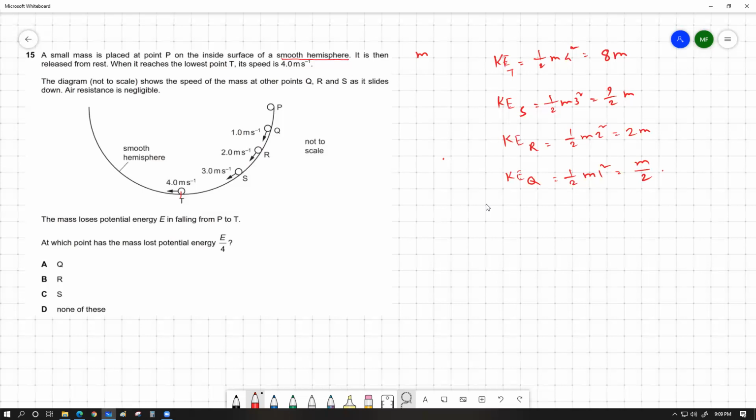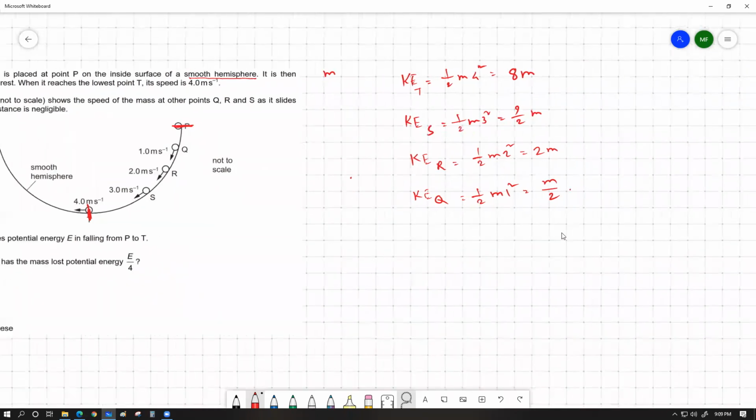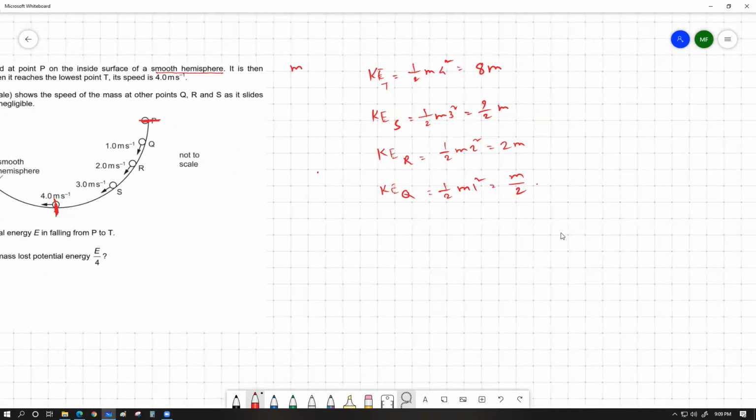Yes. এখন যেহেতু আমাদের স্ফিয়ারটা স্মুথ, does this not essentially mean that kinetic energy at this point must be equal to gp at this point? Yes, sir. তার মানে হচ্ছে kinetic energy at p equals to 0, which means gp at p should be equals to 8m. এটা কি বুঝো?